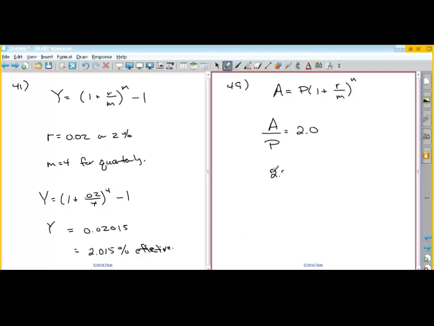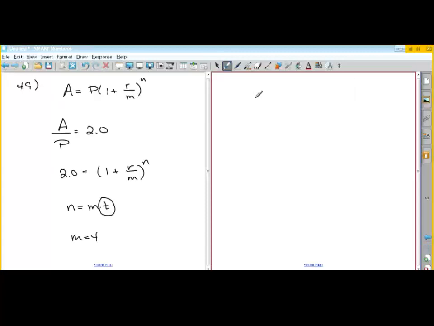So we know that therefore 2 is equal to 1 plus r over m to the n. Now n is equal to m times t. That's what we're trying to find, time. So what is m? I think it said quarterly. Yeah, quarterly. So m equals 4, because there are 4 quarters in a year.